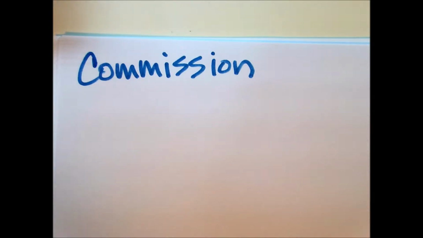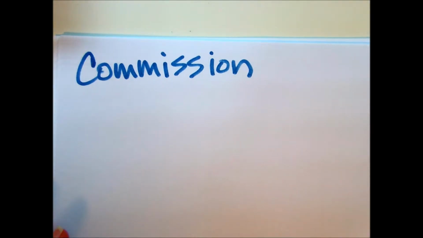You might also get a commission, and there might be some other retail shops that offer commissions to their employees, so that it encourages them to sell more products, so you can make more money.